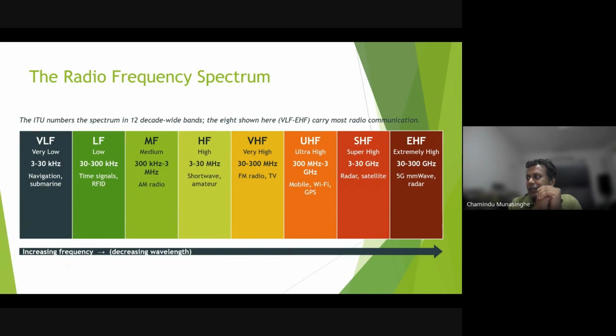So basically, ITU is the controlling body that allocates these frequencies to different services, like military, broadcast, weather, telemetry, and GSM communication, 4G, everything like this. ITU is the governing body, and all countries respect these allocations.